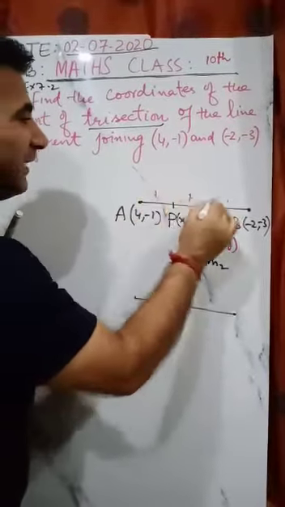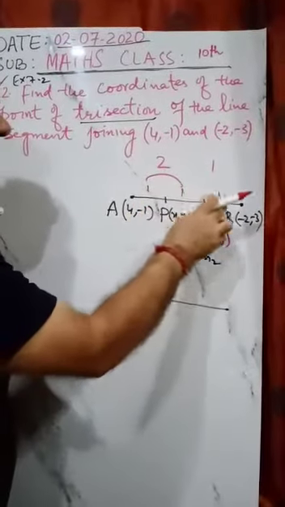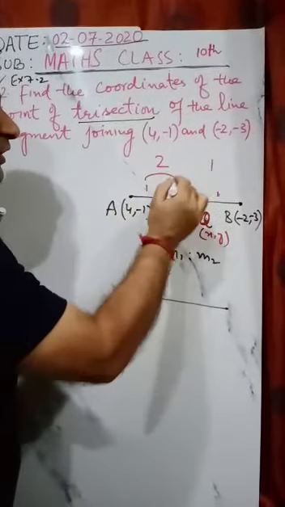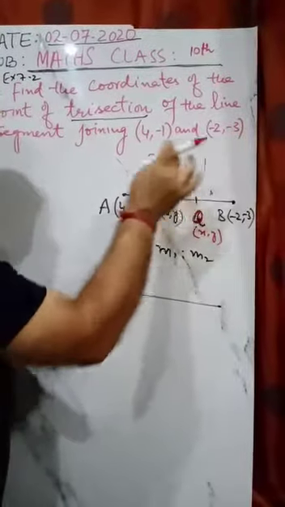So Q divides it in the ratio 2 is to 1, but P divides it in the ratio 1 is to 2. AP is 1, PB is 2, but AQ is 2 and BQ is 1.